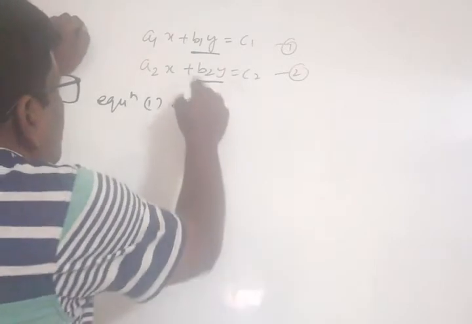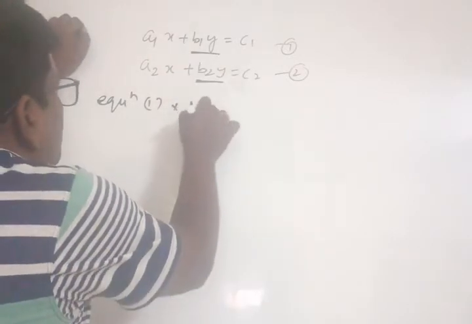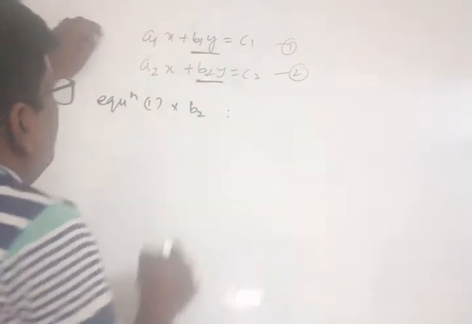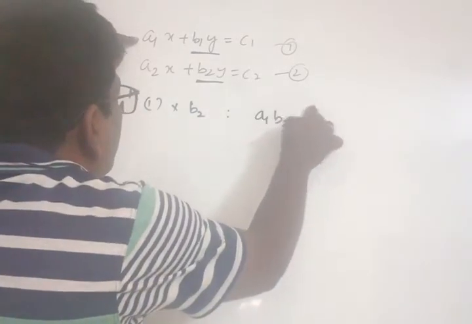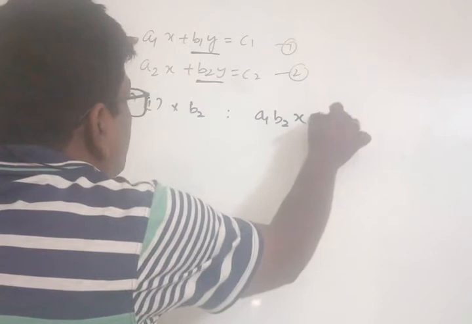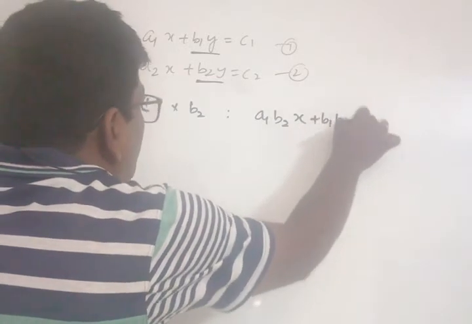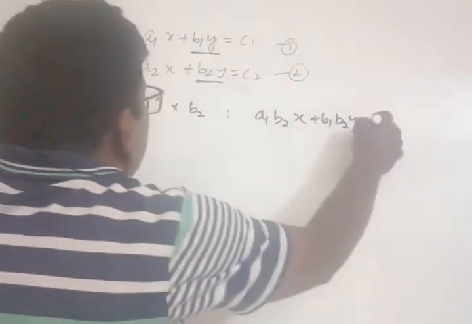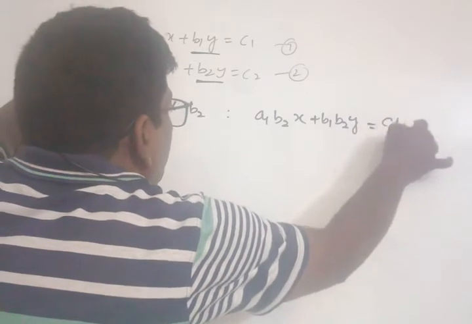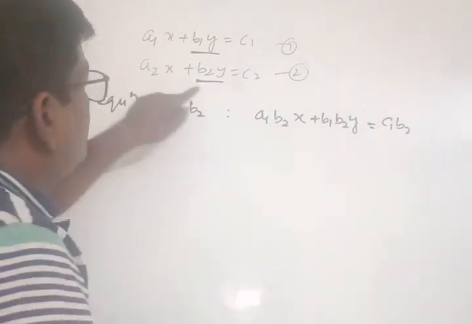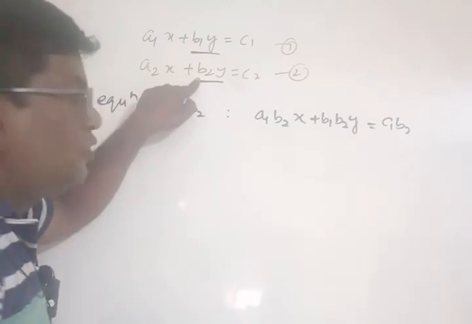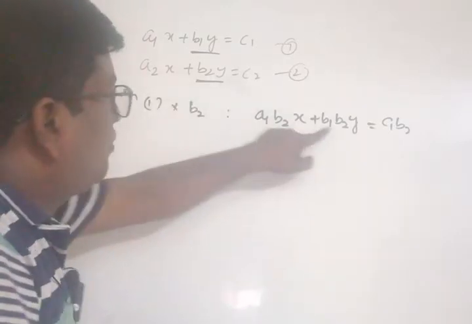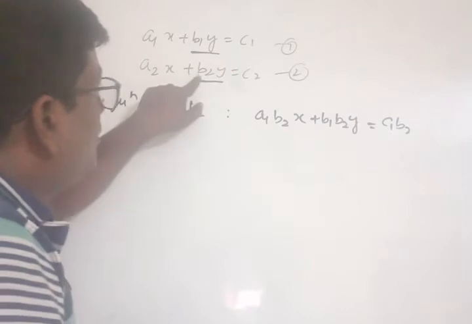So equation 1 into b2, what will happen? This will be a1 b2 into x plus b1 b2 into y is equal to c1 b2. Clear? And this is b1 b2 and here b2 is present. So you have to make it equal to b1 b2.